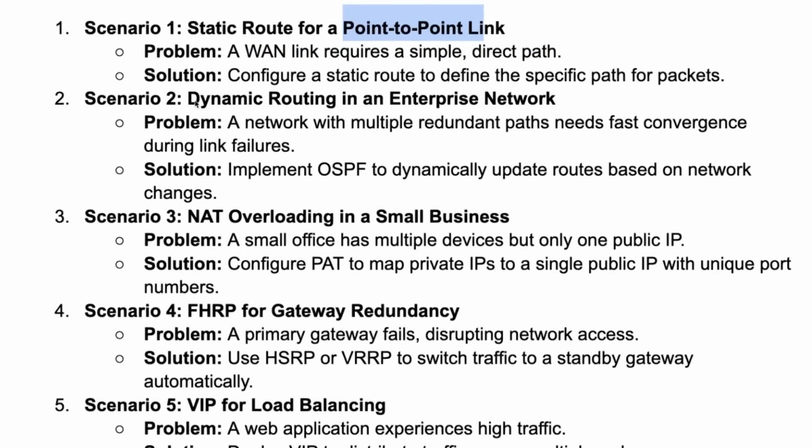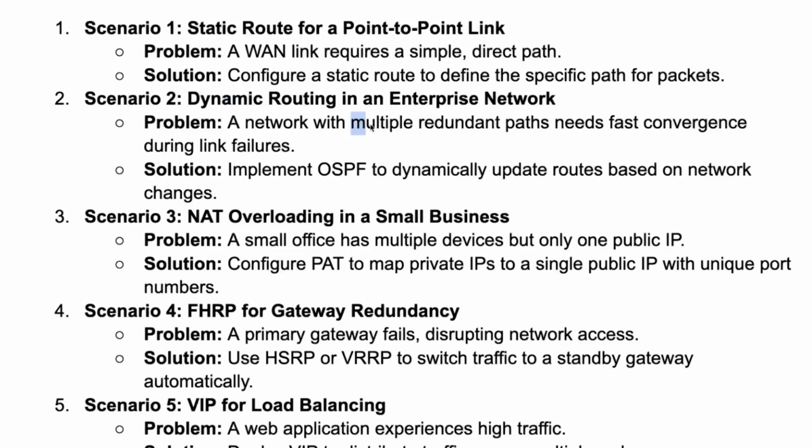Then we have dynamic routing in an enterprise network that needs to take place. And a network with multiple redundant paths needs fast convergence during link failures. So now we're talking about dynamic routing, and it needs to happen quickly, right? So that's what fast convergence is really. It connects to dynamic routing because there's no person manually doing this, right?